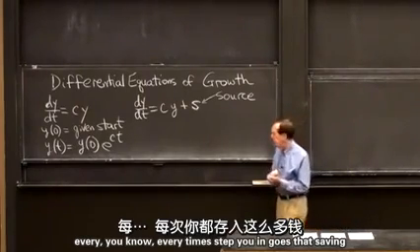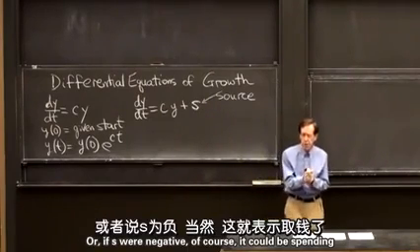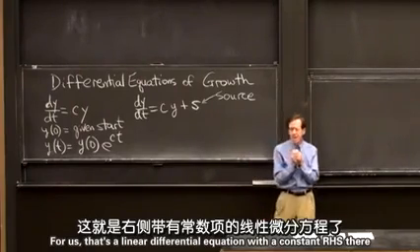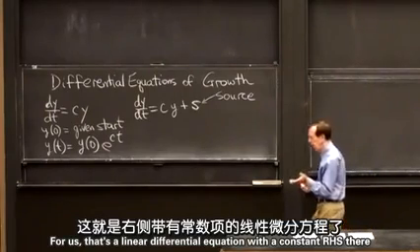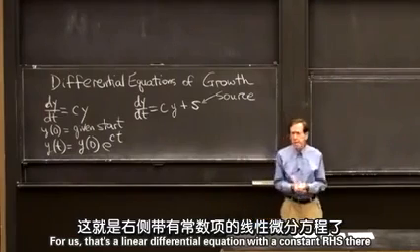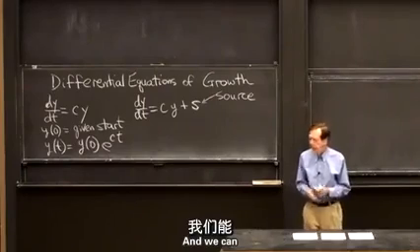In goes that saving, or if s were negative, of course, it could be spending. For us, that's a linear differential equation with a constant right-hand side there, and we have to be able to solve it. And we can.